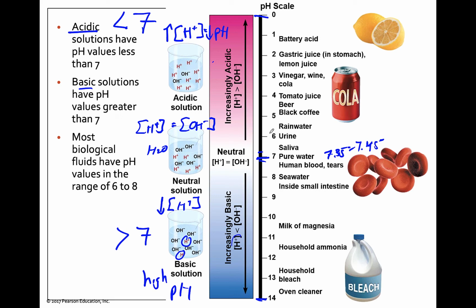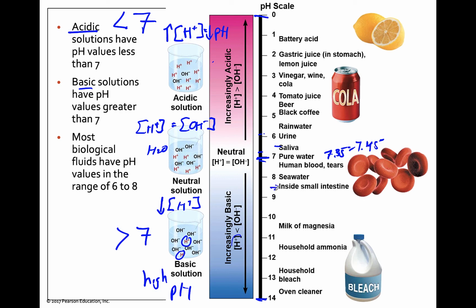Most of our biological fluids, you can see urine can actually change anywhere from fairly acidic to fairly basic, depending on what you are excreting. Saliva is slightly acidic. Human blood and tears are slightly basic.